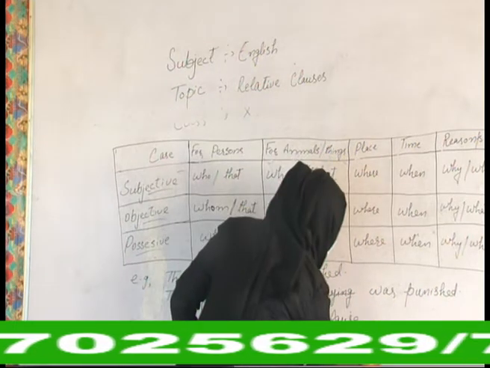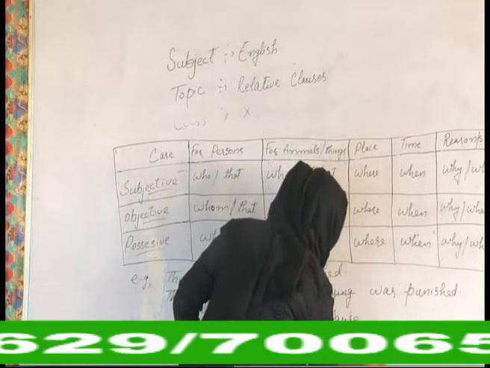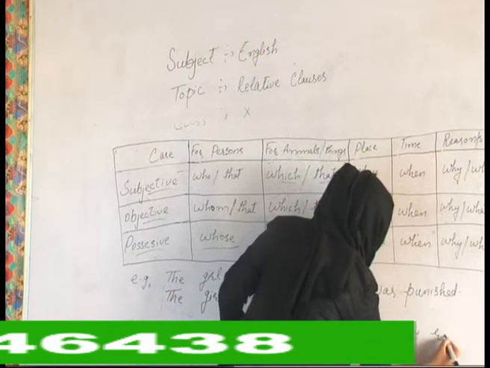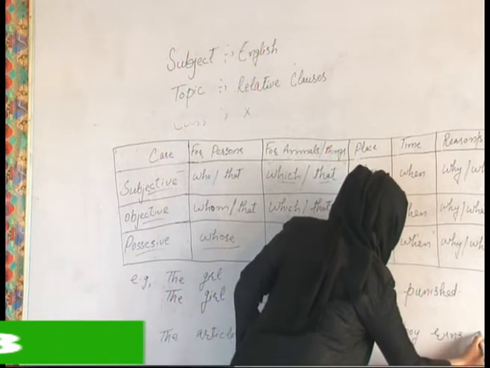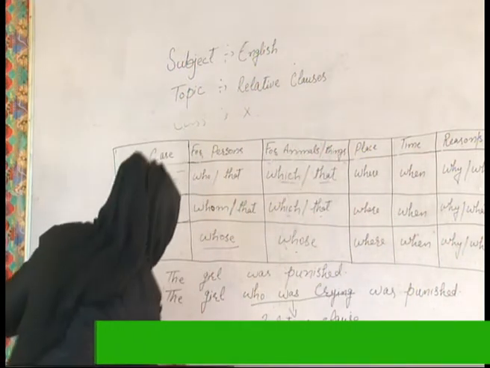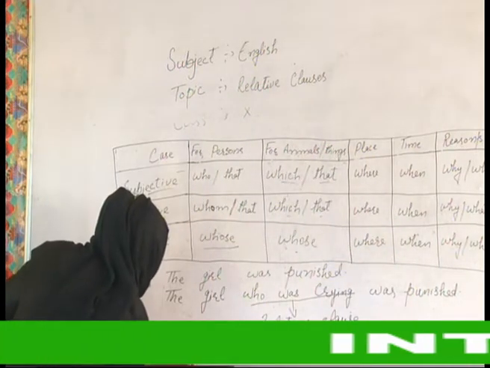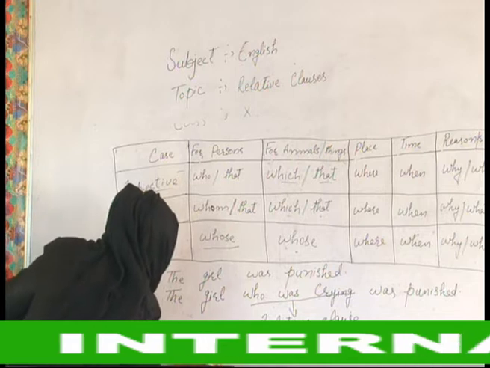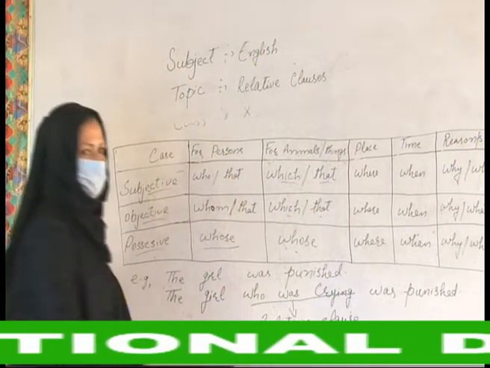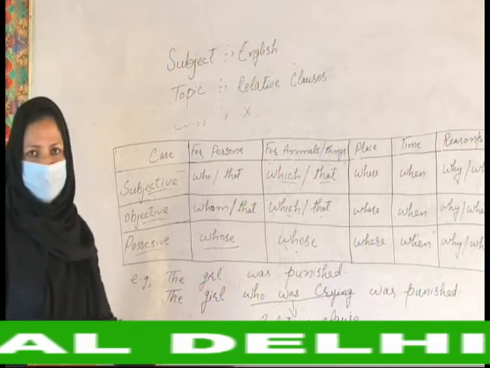Now, the extra information is: the boy runs away from home. These are two sentences.